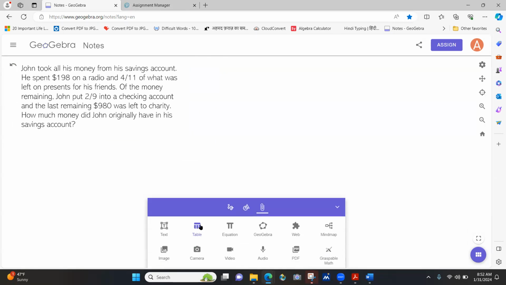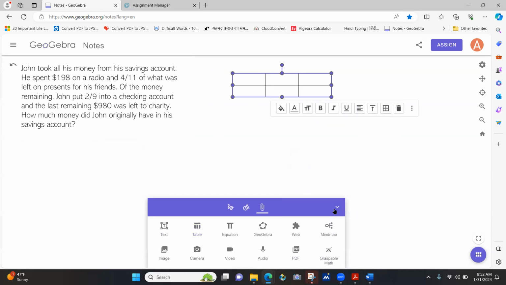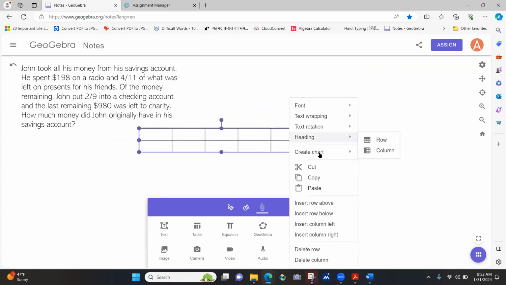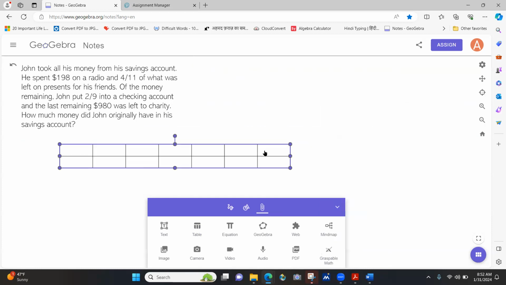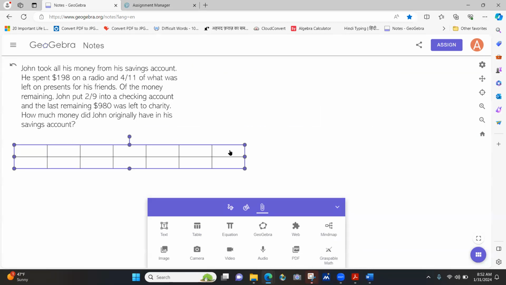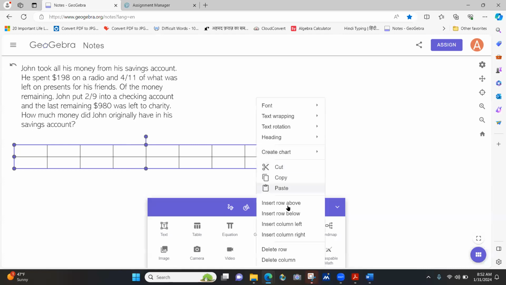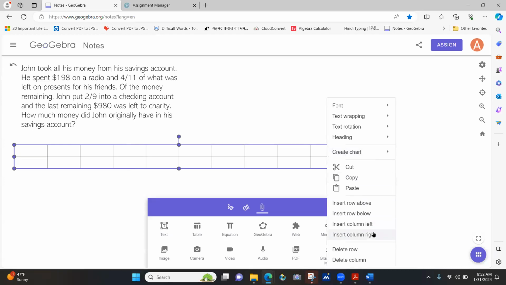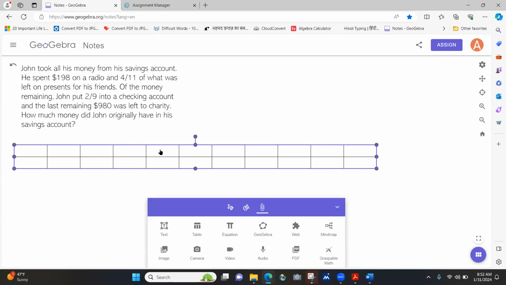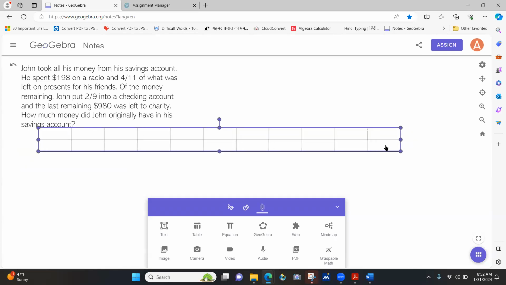And it'll take me a little bit of time, so be a little patient. 1, 2, 3, 4, 5, 6, 7, 8, 9, 10, 11. Now I have 2 rows. I need 7 more rows.